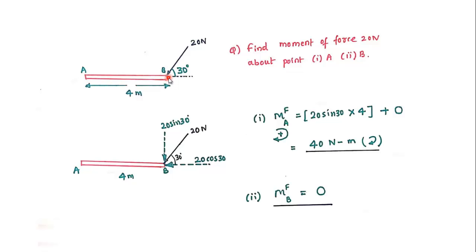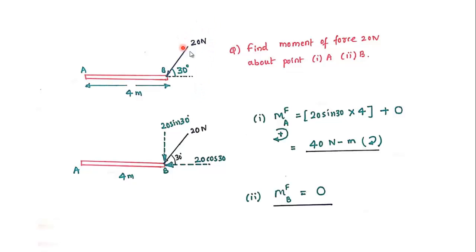If you know how moment is calculated, you will be able to do this calculation very easily. But for a beginner, it is important to know how to proceed. See, this force of 20 Newton is coming at a certain angle. It is not vertical or horizontal. The formula for moment is force into perpendicular distance.